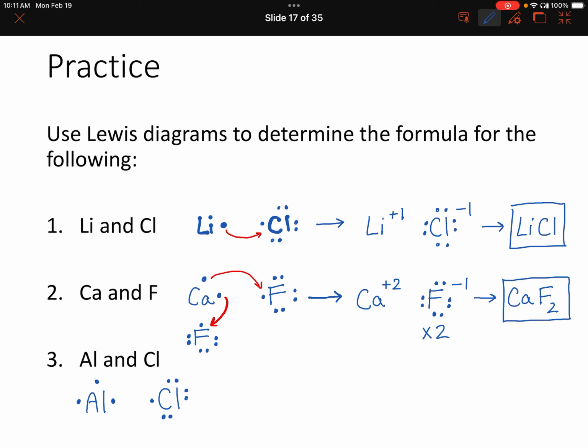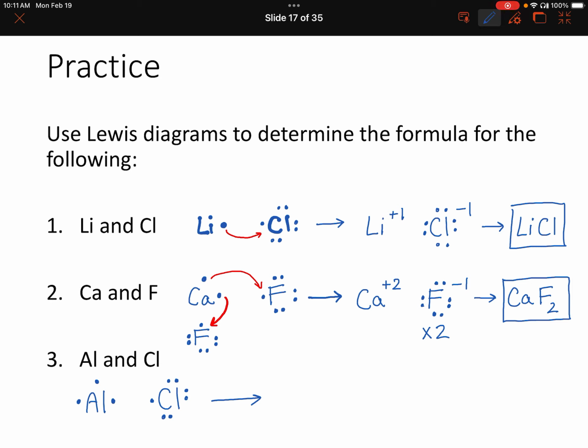All right, so let's just kind of jump ahead a little bit. If aluminum loses all three of its valence electrons to become like a noble gas, what charge would that create?